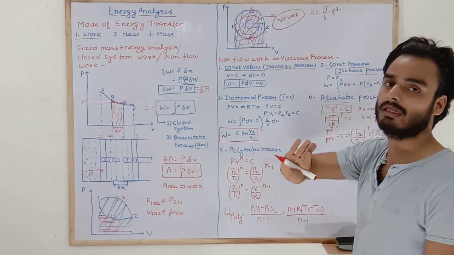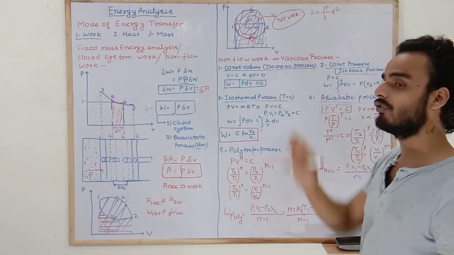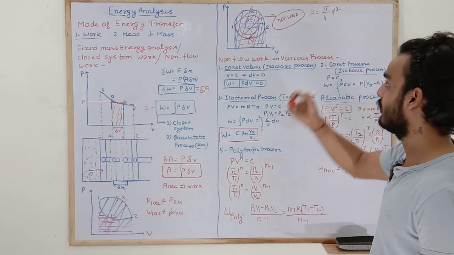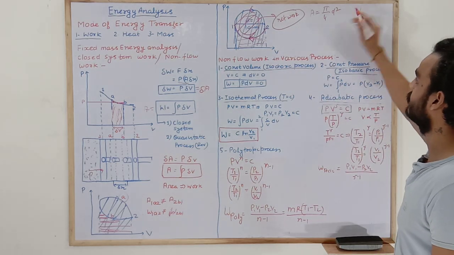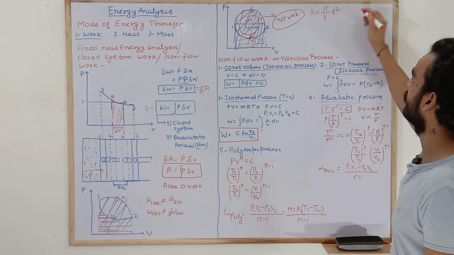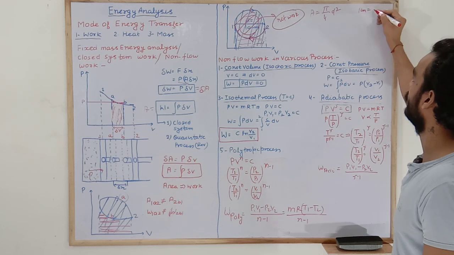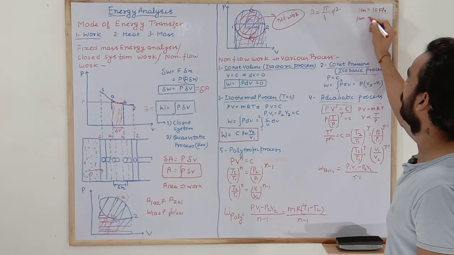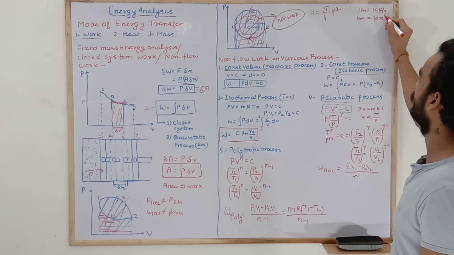Here the diameter is 10 centimeter, but in the question the scale will be given for the pressure and volume axes. Let's say for the pressure axis, 1 centimeter is equal to 10 kilopascal, and for the volume axis, 1 centimeter is equal to 10 meter cube.